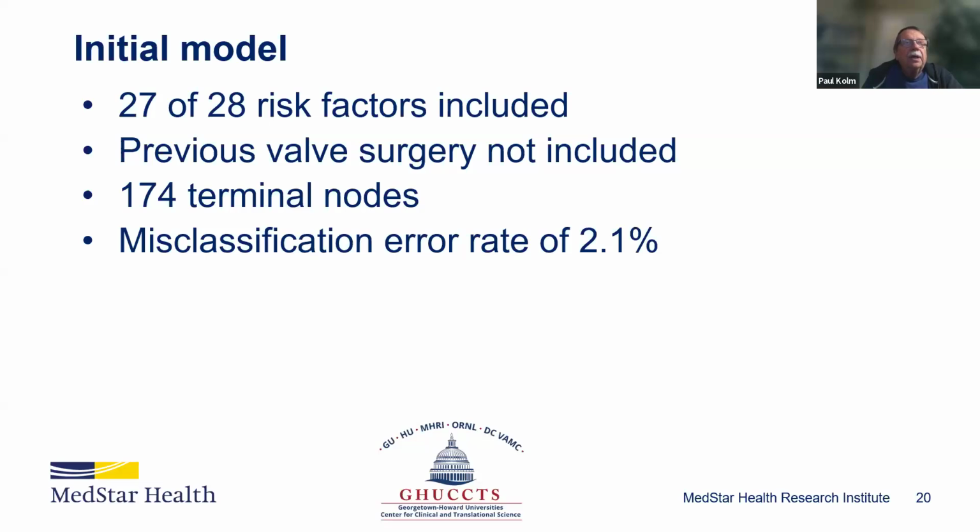If we use all 27 risk factors, we have 174 terminal nodes and a misclassification error rate of 2.1%. That's the best we could do as far as misclassification error.